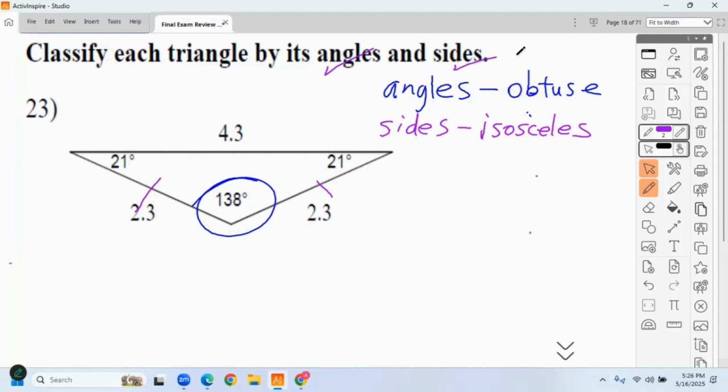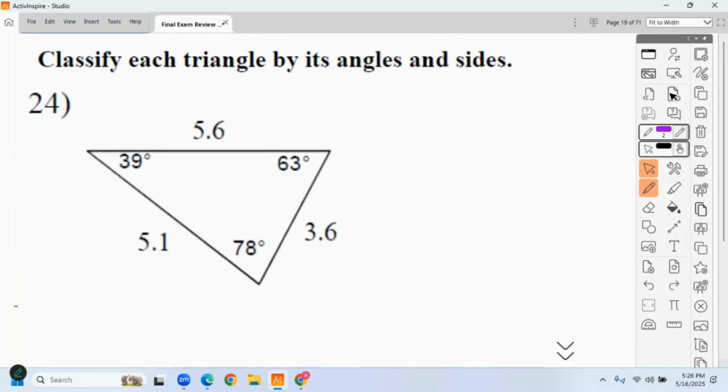Check, check. On to the next, which will be number 24. Take a look at this 24. If you notice for this one, if I'm looking at the angles, all of them are less than 90. Less than 90, less than 90, less than 90.